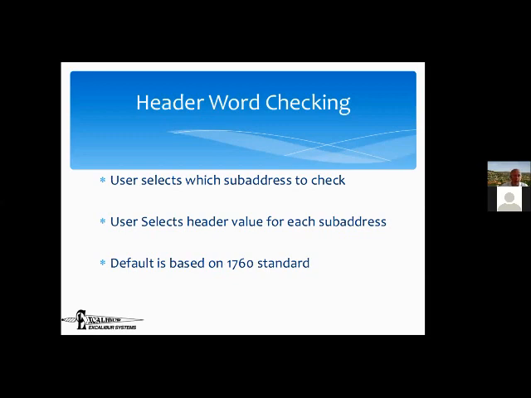And therefore, if, for example, subaddress 11 is supposed to have a data word 410 in front of it, and we'll see in a minute what the actual values are, and it doesn't, then if it's an RT to BC message, the bus controller will look at the first data word and say this is wrong and throw it out. Or with a BC to RT message, the RT will see that the first data word is wrong and he'll throw it out.